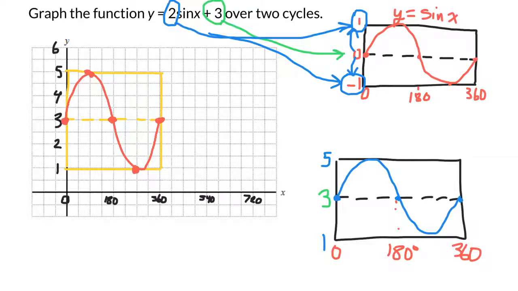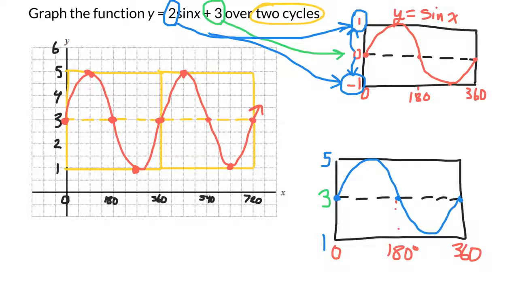But the question's asking to graph over 2 cycles. So what I'm going to do is just repeat my pattern. So I'm just going to draw in another box for another cycle. I start on the central axis, I end at the central axis, halfway in between, I'm in the middle, halfway between those points, I'm up here, halfway between the last points, I'm down here, and I just repeat.